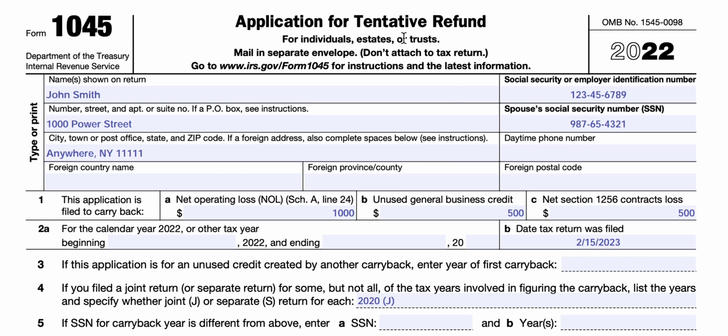So at the top of the form, you'll start by completing your taxpayer information as shown on your tax return. So if you're married filing jointly, you'll put your spouse's social security number under your own, your name as shown on the tax return, followed by your address and a daytime phone number.